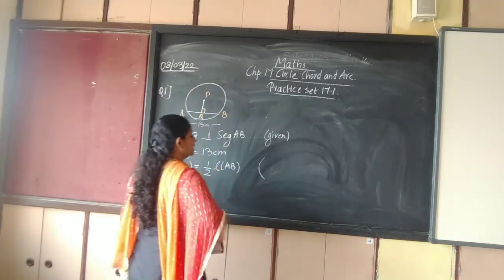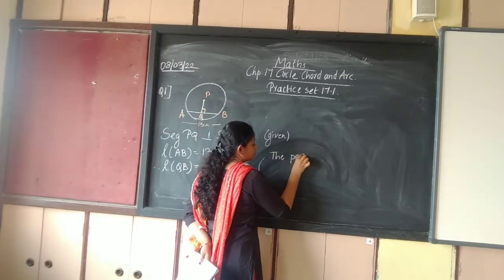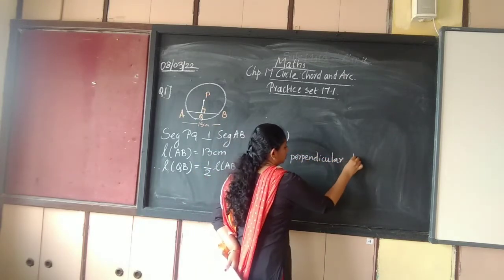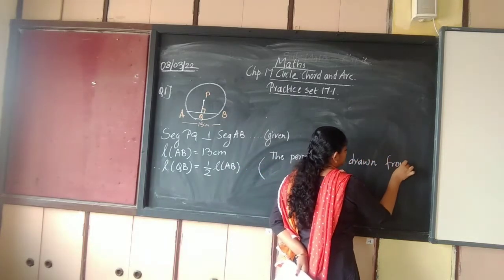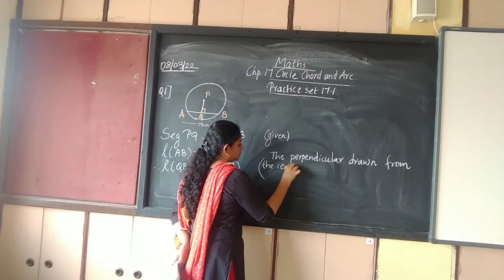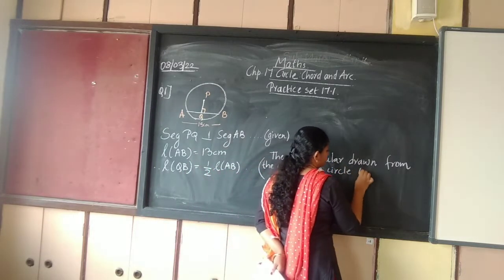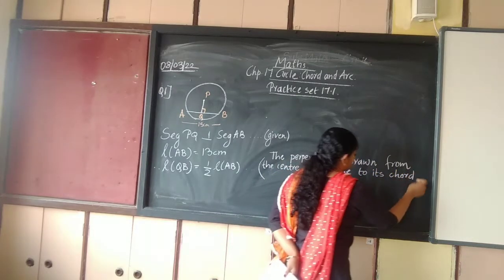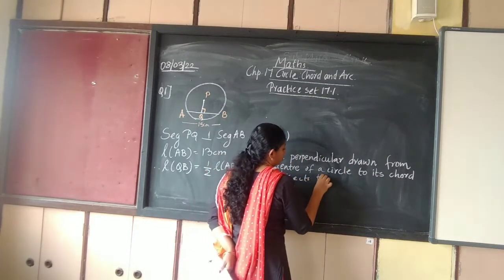We write: the perpendicular drawn from the center of a circle to its chord bisects the chord.